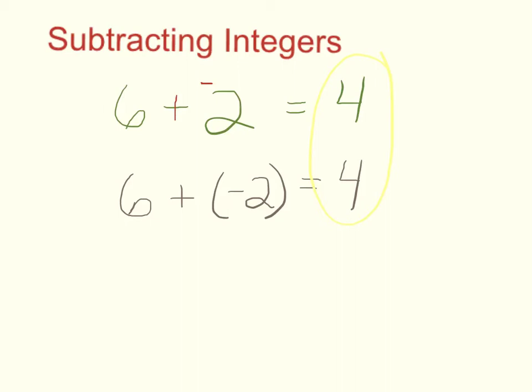So, with this in mind, let's look at another couple examples. Let's say I have negative 6 minus 2. Well, if I use this information, it's like saying negative 6 plus a negative 2, which I get negative 8. Okay.